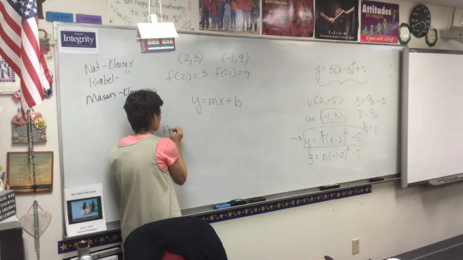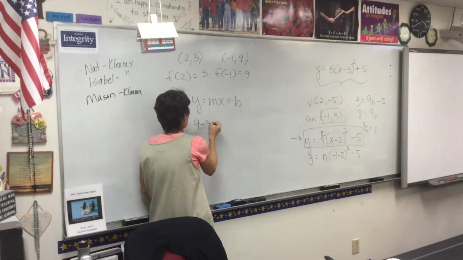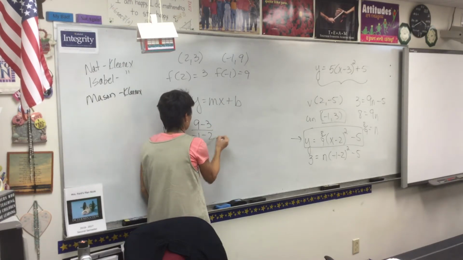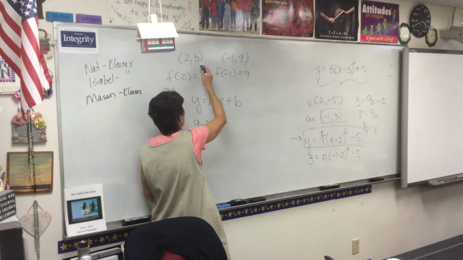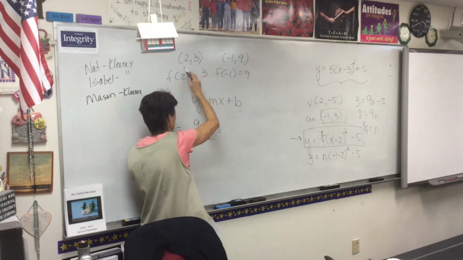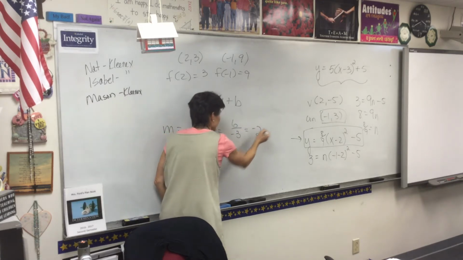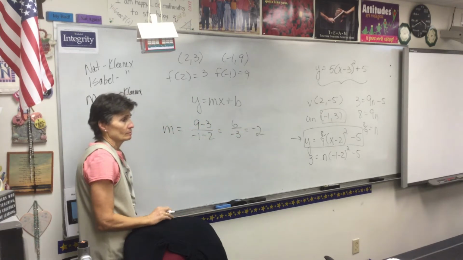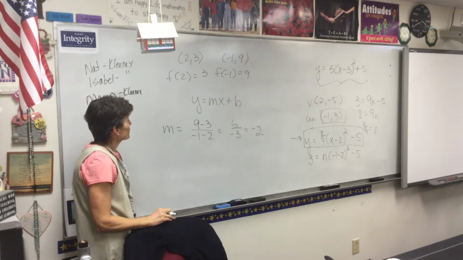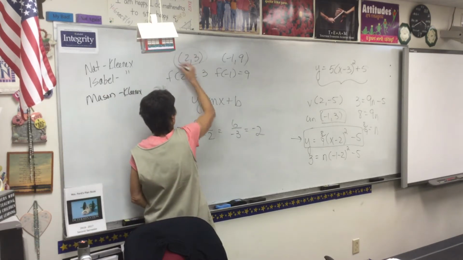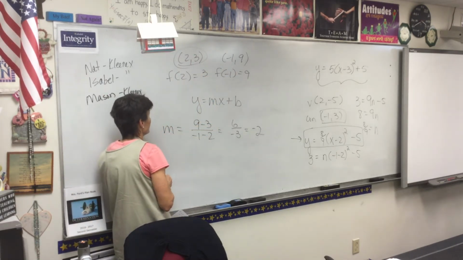So m is 9 minus 3 over negative 1 minus 2, 9 minus 3 over negative 3. So that is -2. And pick a point, either one, doesn't make any difference.